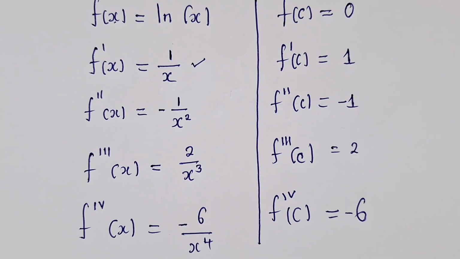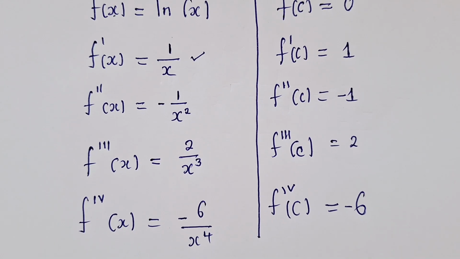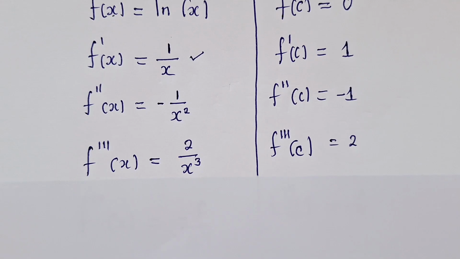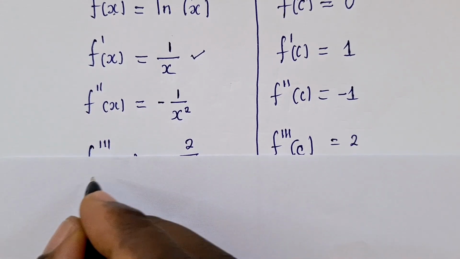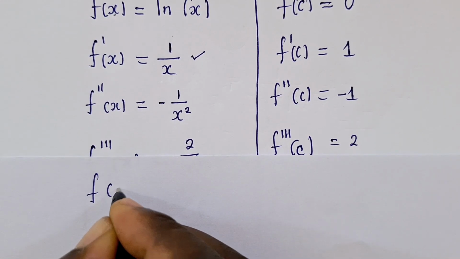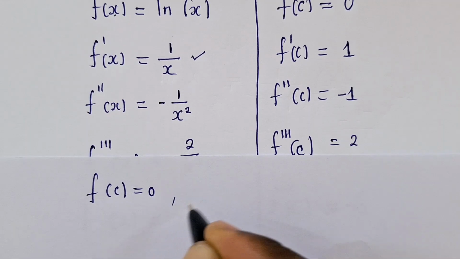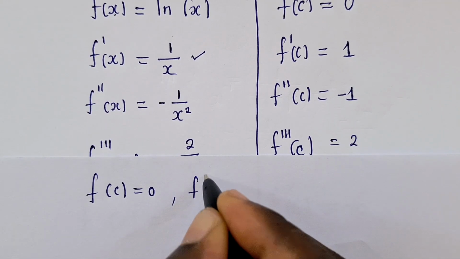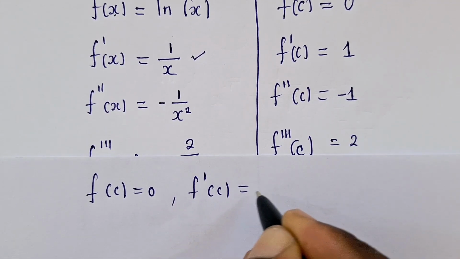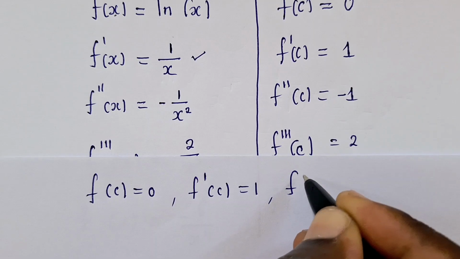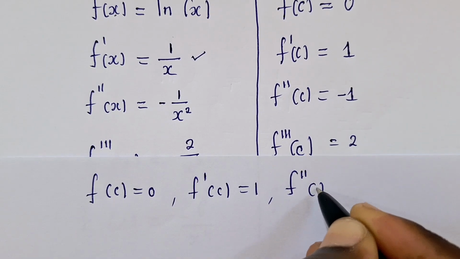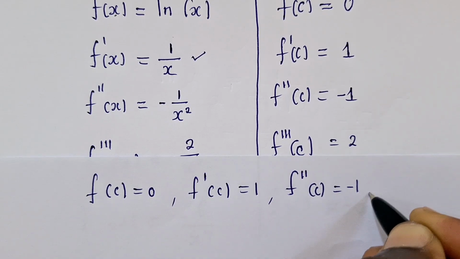Okay. Applying now these, let me copy them. So we know that f of c is equal to 0. Then here f prime of c is equal to 1. F double prime of c is equal to negative 1.